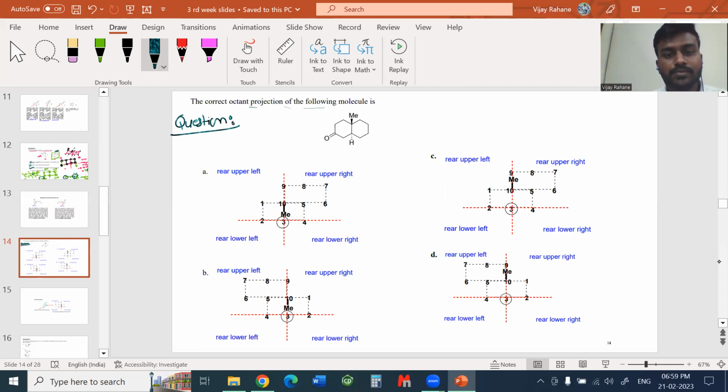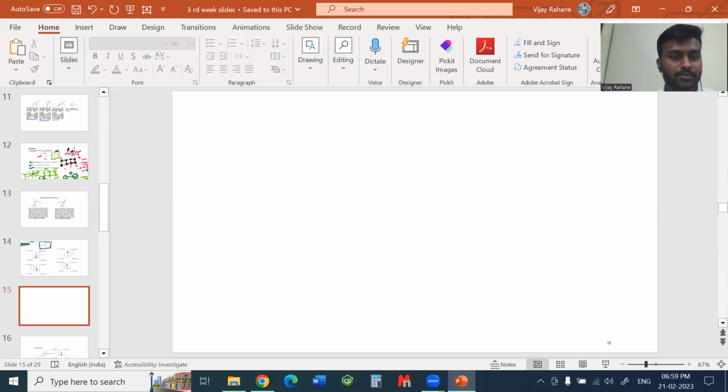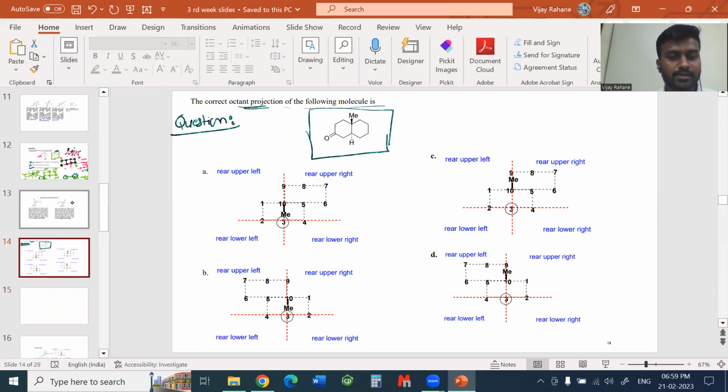Now the next question is: the correct octane projection of the following molecule. The molecule they have given, and we need to find out the correct octane projection. So we can directly draw the correct projection and then match it with the options they have given.